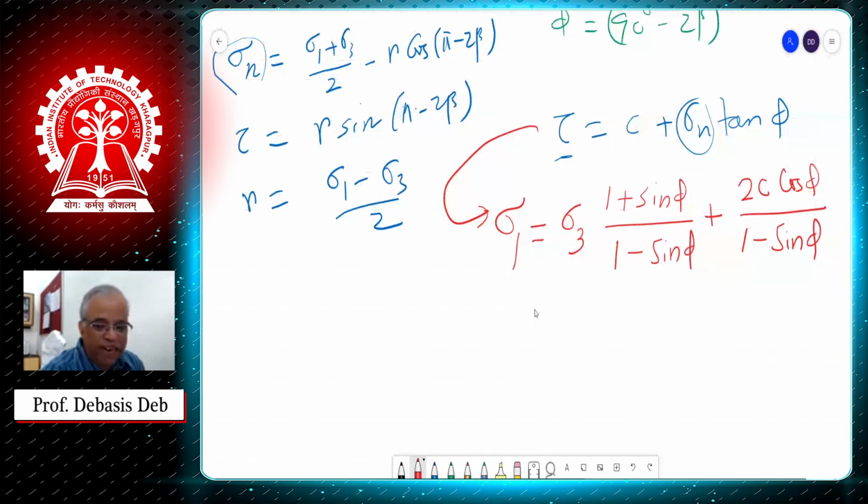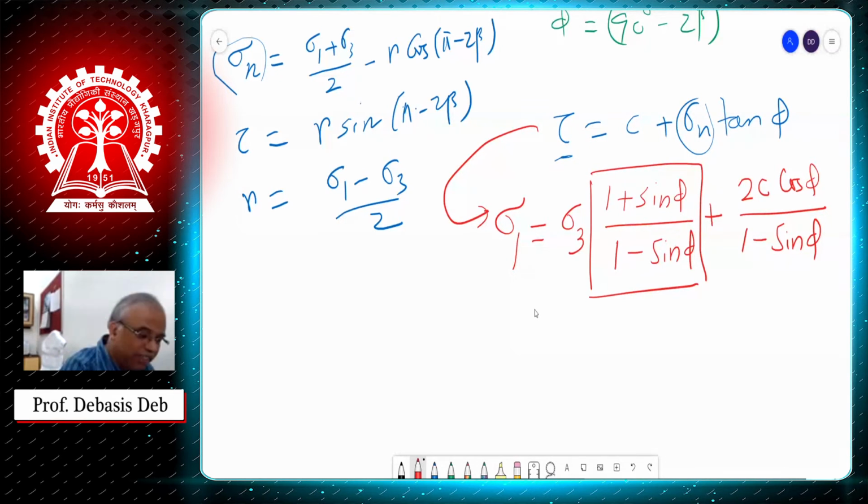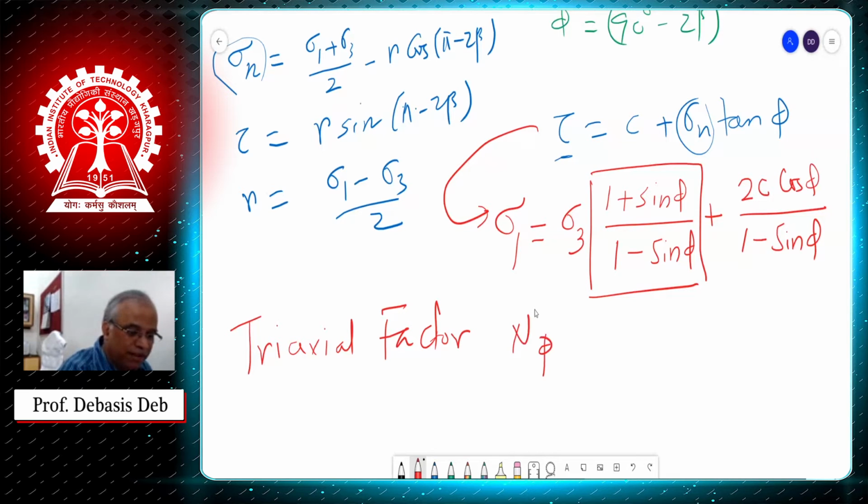Now we normally write this parameter here. This is called triaxial factor. We normally term it by n phi, which is 1 plus sin phi by 1 minus sin phi.